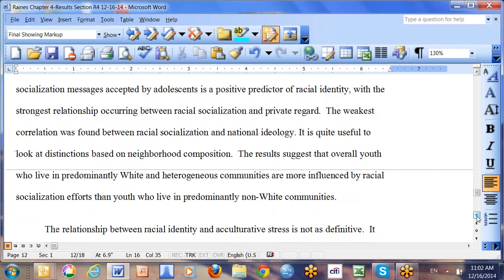Right. And then when you go to your discussion, then you can discuss the variables, not the hypotheses. What have we learned about racial socialization? What have we learned about identity as it relates to centrality, and so on? Because in the discussion, we want to get back to the conceptual stuff.